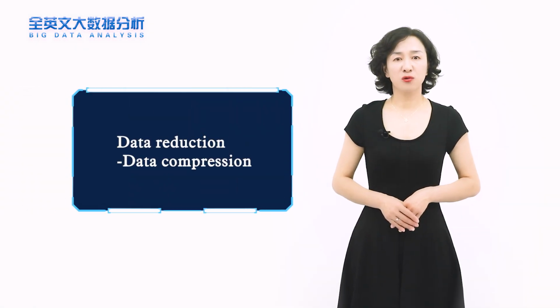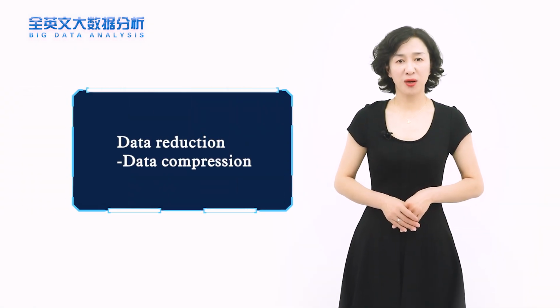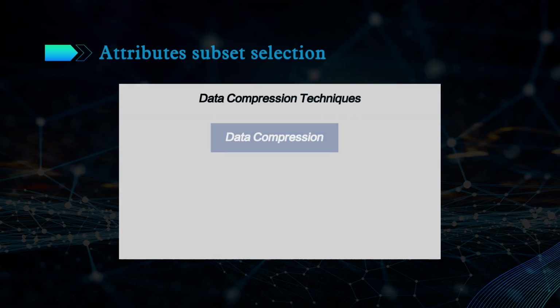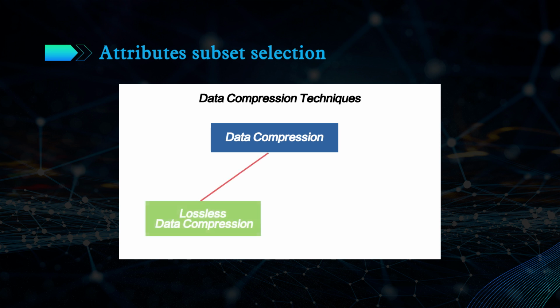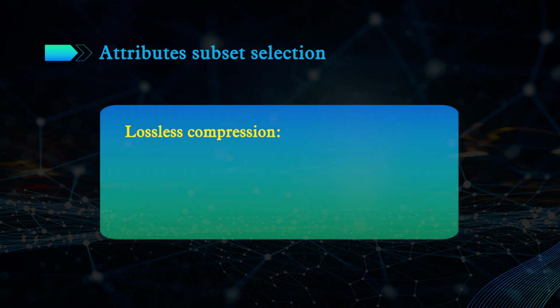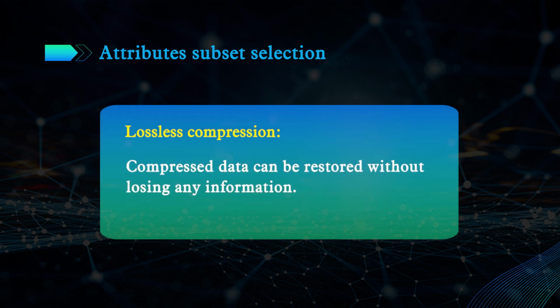Now let's look at data reduction by data compression. Compression algorithms can be classified into lossless compression and lossy compression. Lossless compression means compressed data can be restored without losing any information, for example, string compression, which has a broad theoretical foundation and sophisticated algorithms.